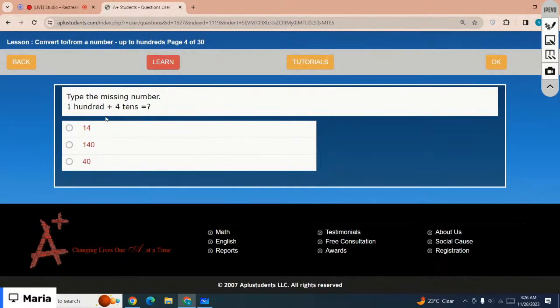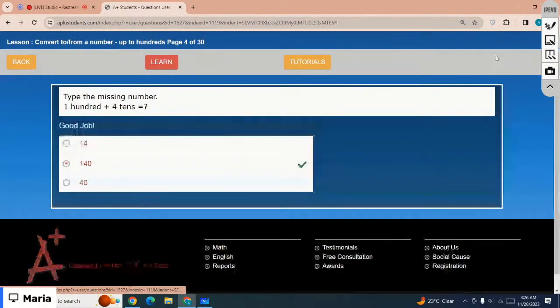That means the ones digit must be 0. The hundreds digit is 1, 4 is at the tens position. You're not given the ones, so that must be 0. So the number they make is 140, right?